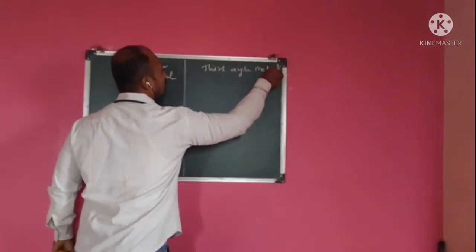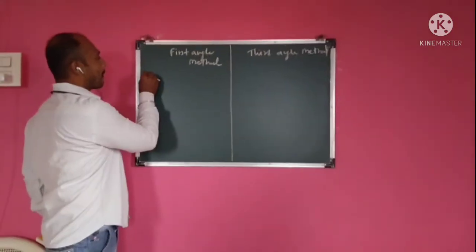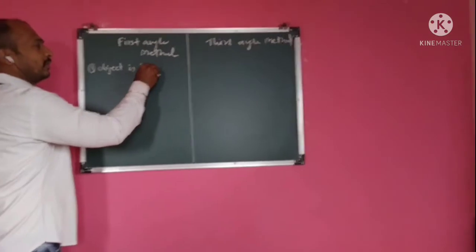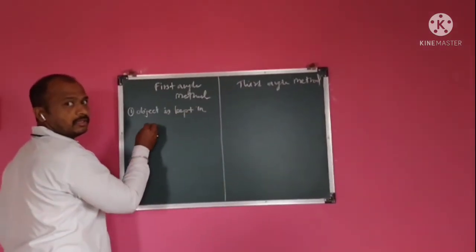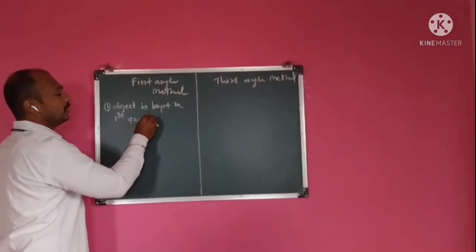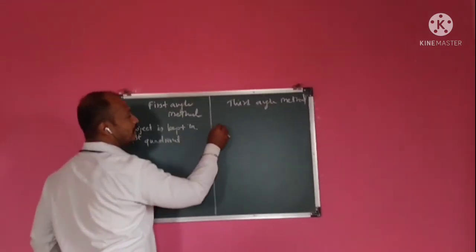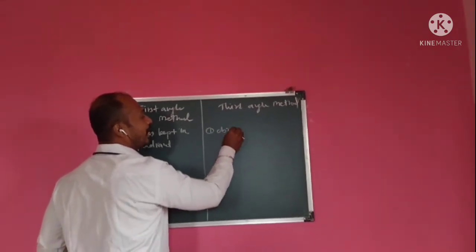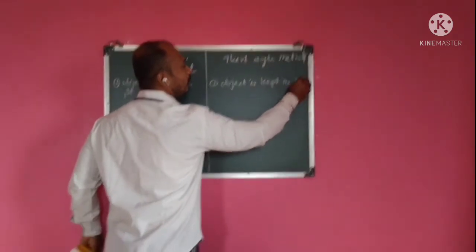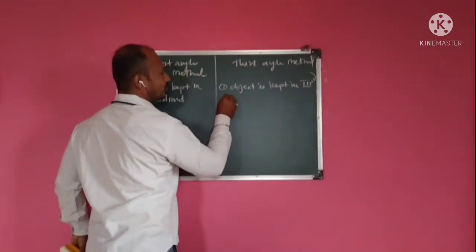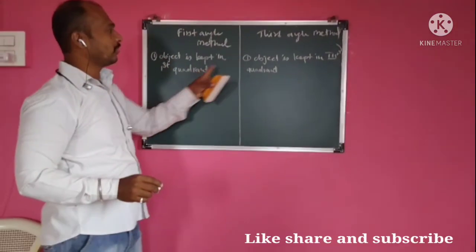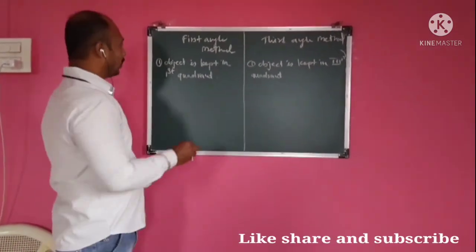In the first angle method, the object is kept in the first quadrant. Here, in the third angle method, the object is kept in the third quadrant.